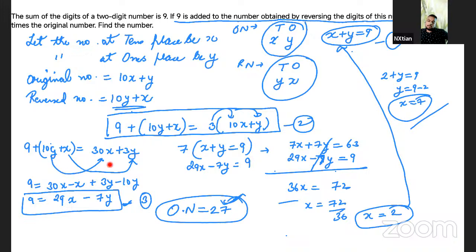It will go to the other side of the equals sign and become minus 10y. And plus x will become minus x. So 30 minus x will become 29x. And plus 3y minus 10y, different signs, you have to subtract it. 10 minus 3 is 7, and in front of 10 it's minus, so minus 7y. Then I use the elimination method to solve.